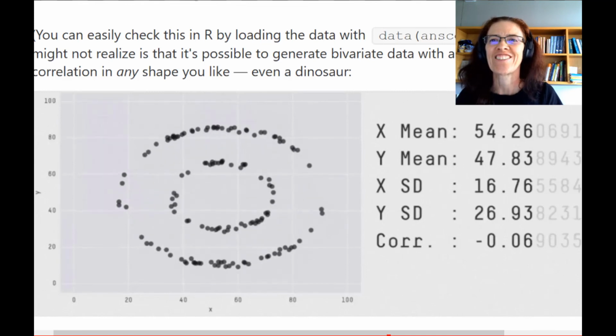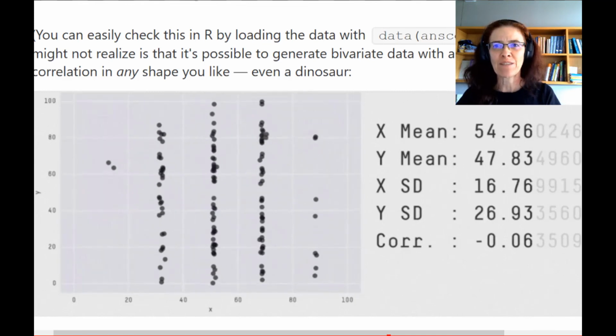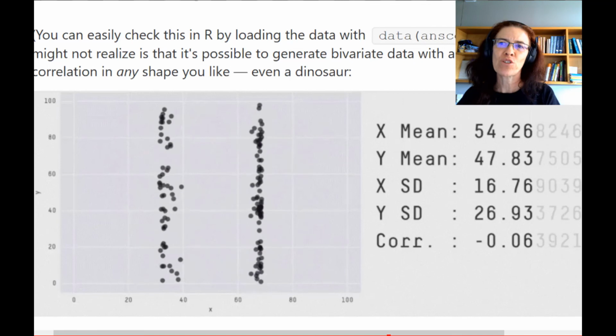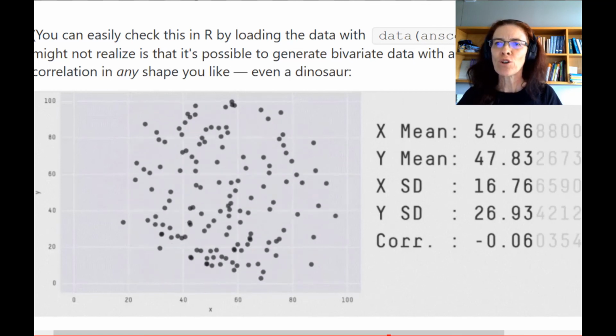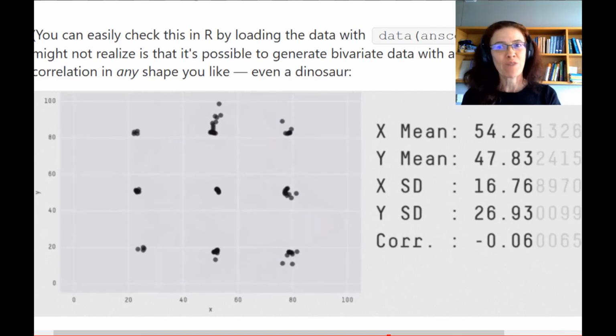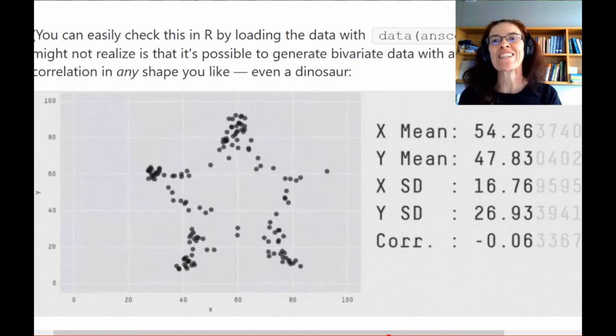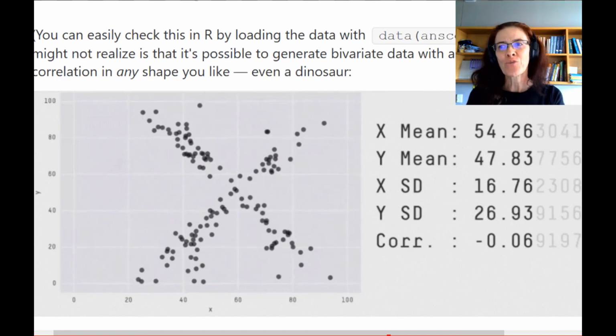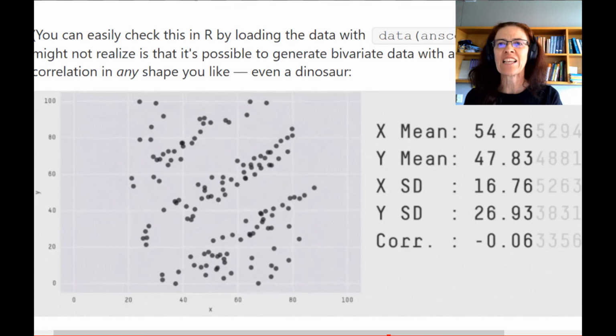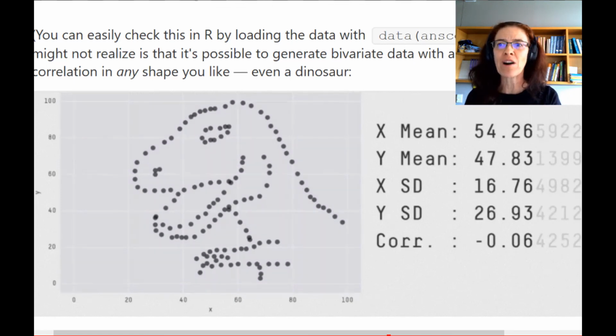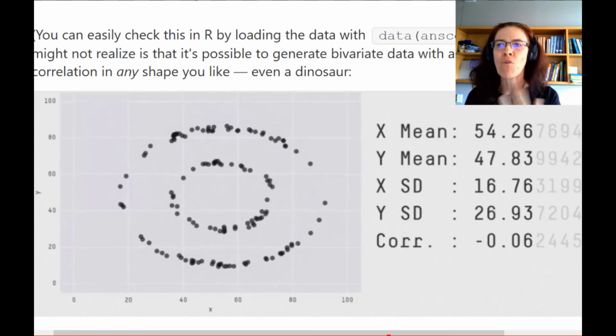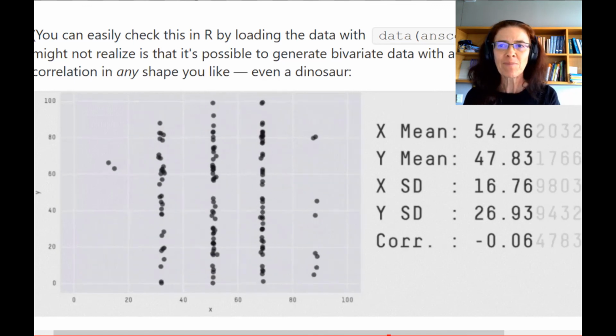Look at that. You have several scatter plots, and they're going on the screen one after another. On the left part of the screen, you can see that they look very different. You can even get a dinosaur. And on the right part of the screen, you can see the calculation for the mean for X, the mean for Y, standard deviation for X, standard deviation for Y, and correlation.